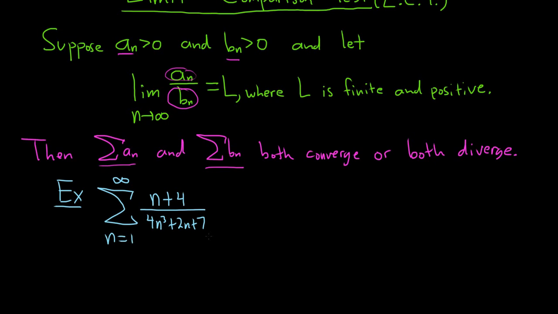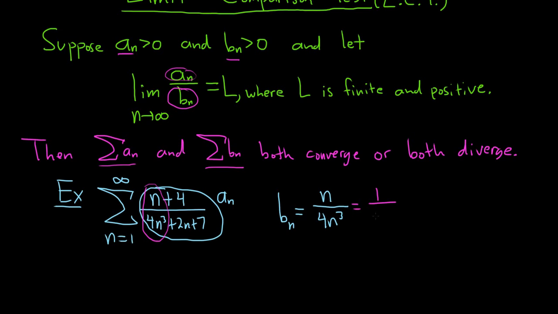So to use limit comparison, what you do is you call this piece here A sub n, and then for your B sub n, you just look at the leading terms. So in the numerator, that's n, and in the denominator, that's 4n cubed. So this will be 1 over 4n squared.